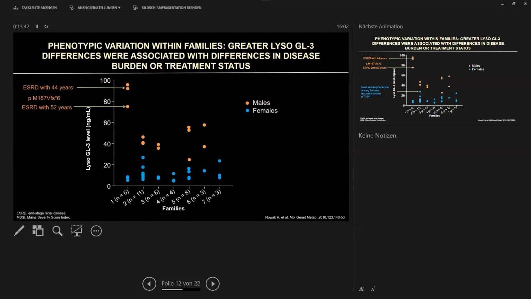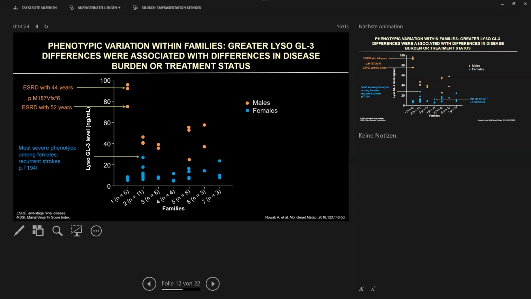However, if you look within the same family, we have here 2 males, where in this male we have a higher level of Lyso-GB3 than in this male. But we also know that this male is more severely affected because his kidney deterioration started already earlier and progressed more rapidly, so that he reached his end-stage renal disease already 8 years earlier than his brother.